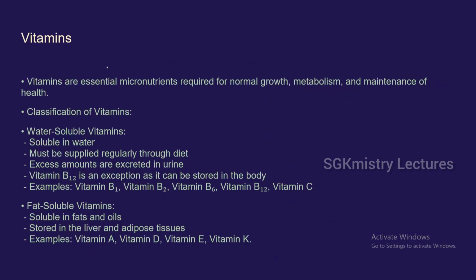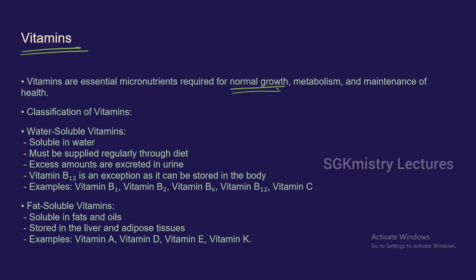Next, coming on to vitamins. They are generally regarded as organic compounds which are required in our diet in small amounts to perform various biological functions in our body, such as normal growth, optimum growth, as well as to maintain the health of the organism.